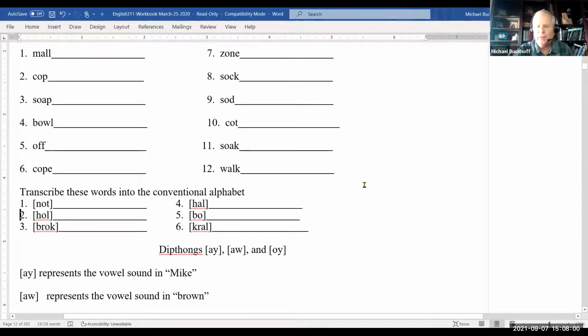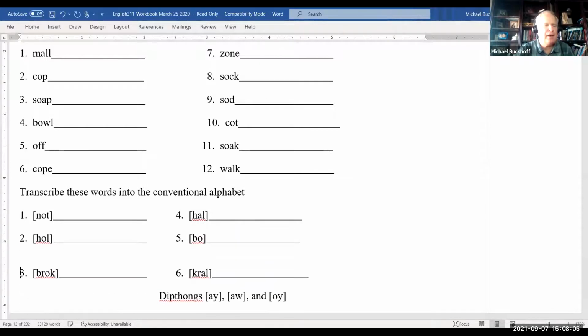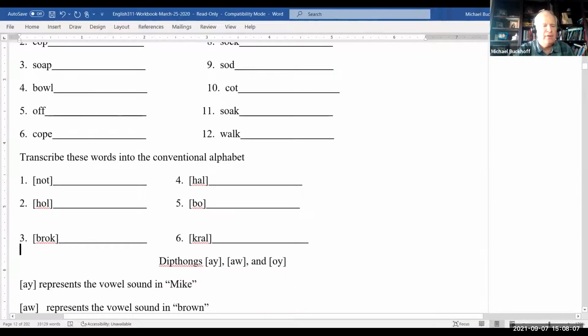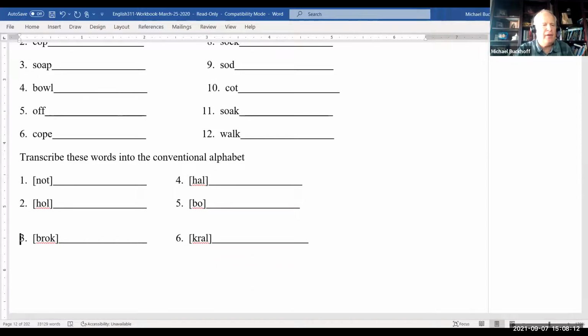We'll take another few minutes here. I'm going to do a quick review of a few things for a minute, and then we'll stop for today. I don't think I'm going to worry about these. Okay, take a minute and transcribe these, or write these back into the conventional alphabet, 1 through 6. There we go.